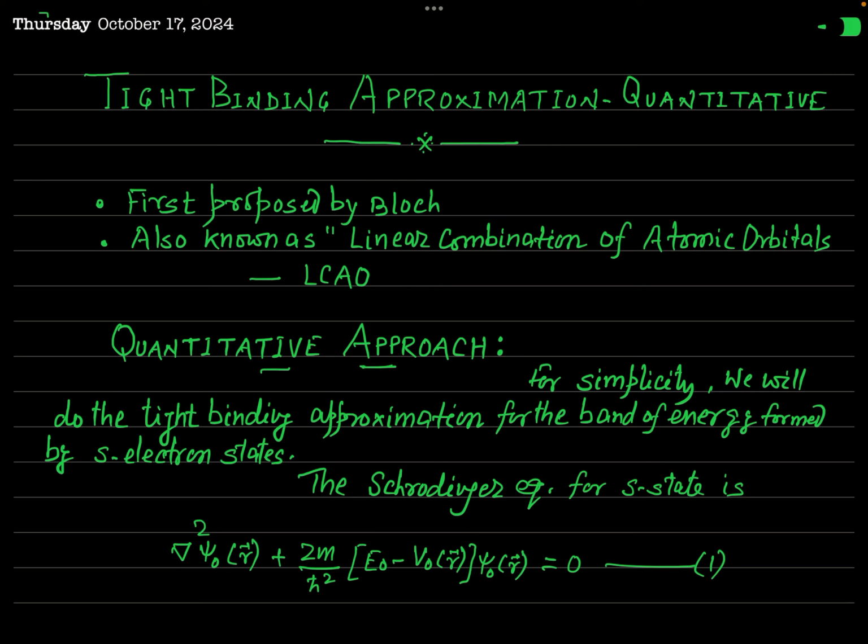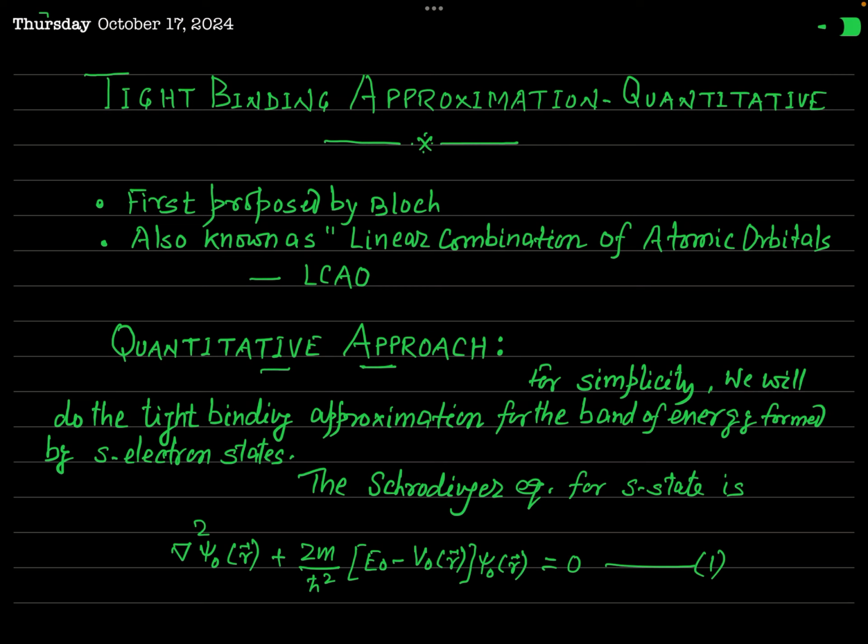But our discussion in the first lecture was only qualitative. It means we have not made any calculation to find the bandwidth or how this energy band is formed. We analyzed the problem in a qualitative manner.